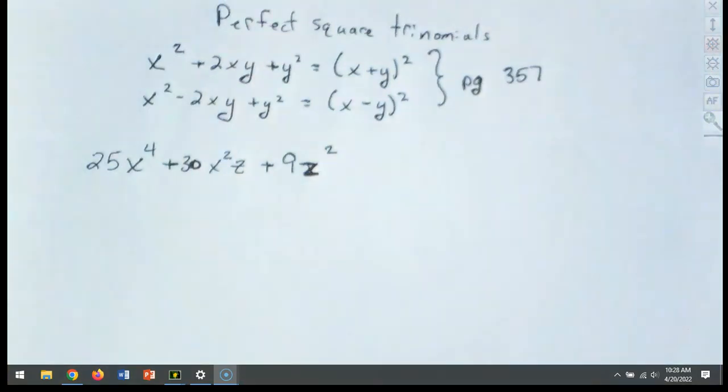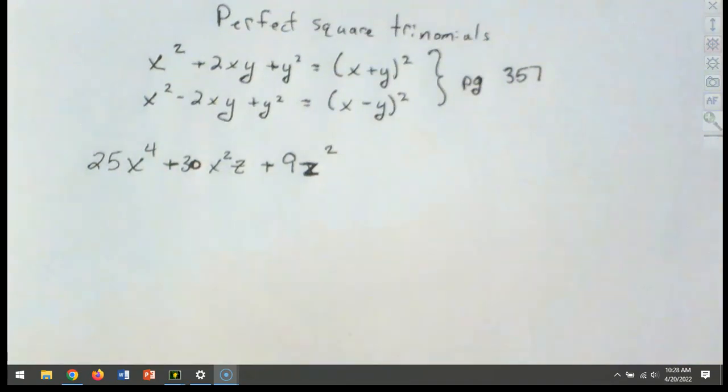Okay. Now, we could factor this one like we factored all of the others before break. We could go through that process. Now, for this one, it would take a few minutes to try to find the numbers, because you have to take 25 times the 9. You have to try to find out the numbers.